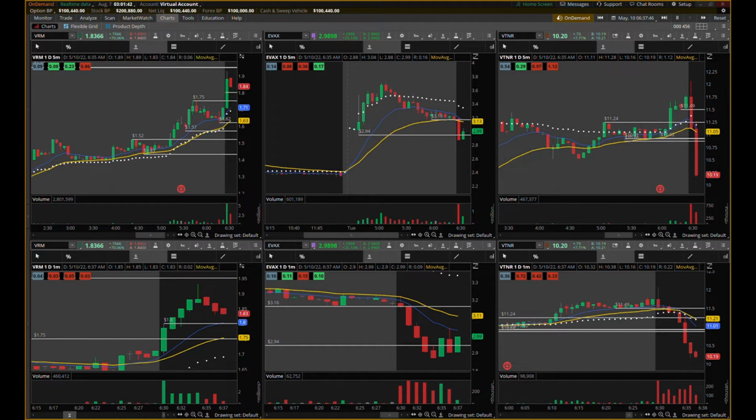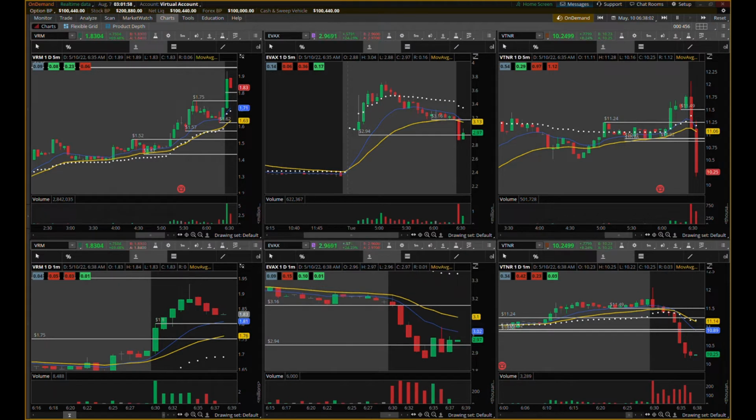And I'll just hit the buy button one time and look for a quick move back up. When I say quick, I'm talking like maybe a 5-cent move. I've got a hotkey set up. $1.82.